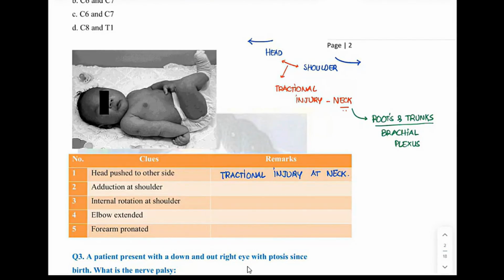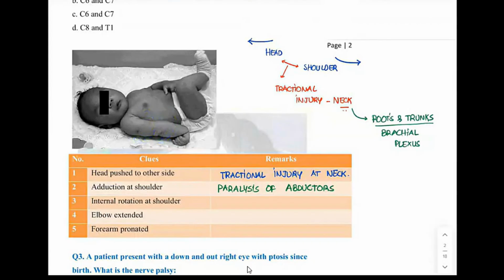Now what we see in the image, the upper limb is adducted, meaning it is touching the trunk. So the upper limb is adducted, it means there is paralysis of abductors. That's why the adductors are more powerful now and they have adducted the upper limb. Then the upper limb is internally rotated like this.